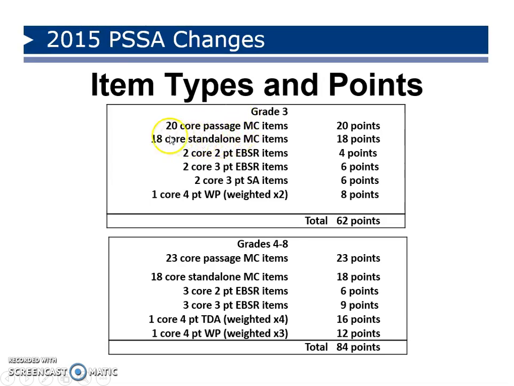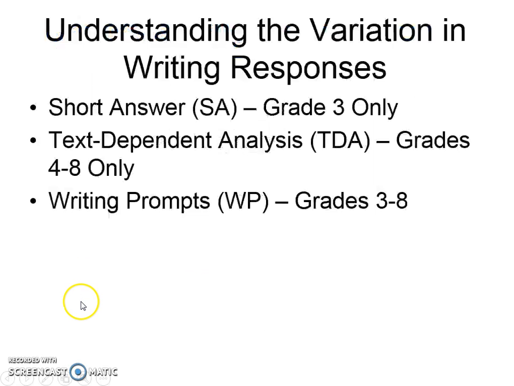The standalone 18 is the writing assessment where they get at grammar and language skills. And then these evidence-based selected responses. And then the short answer items, that's essay. And here they change the essay to the TDA. So you can look at that breakdown.